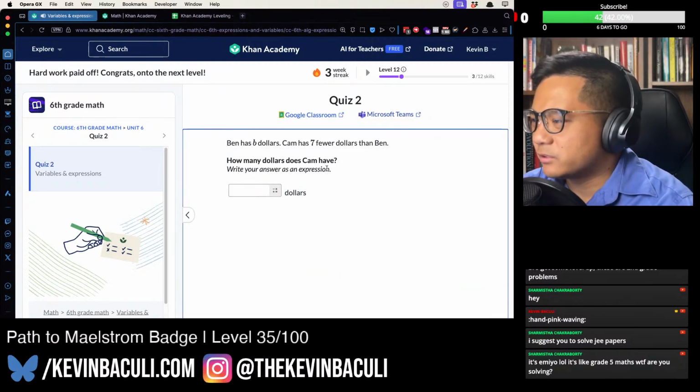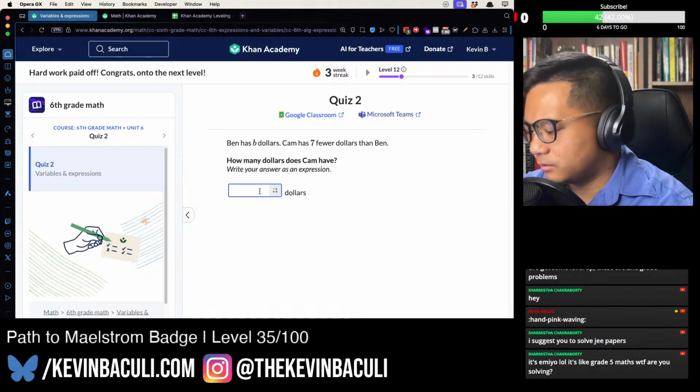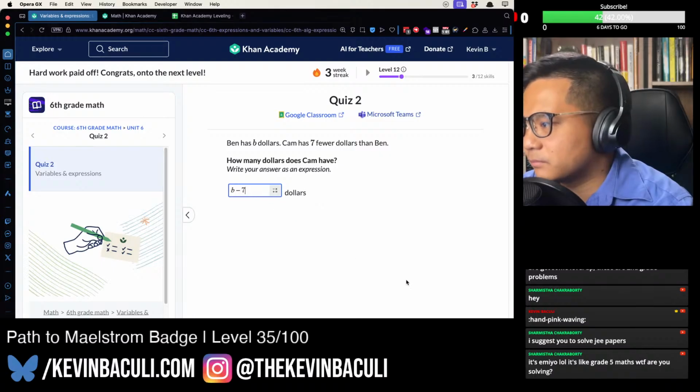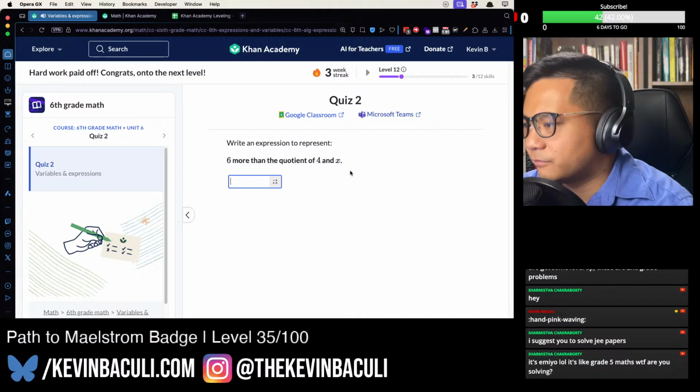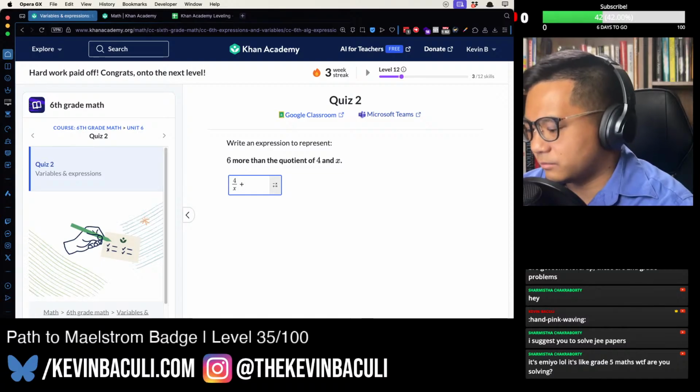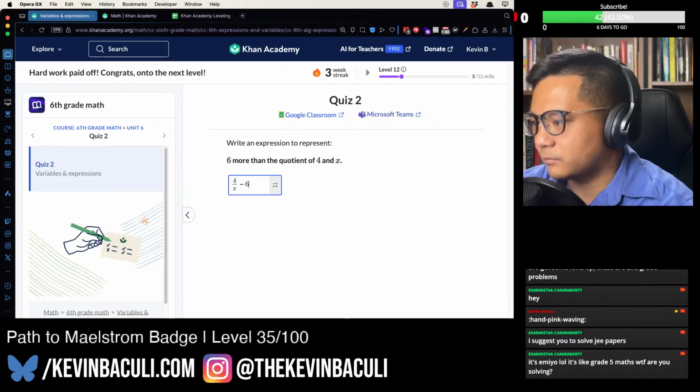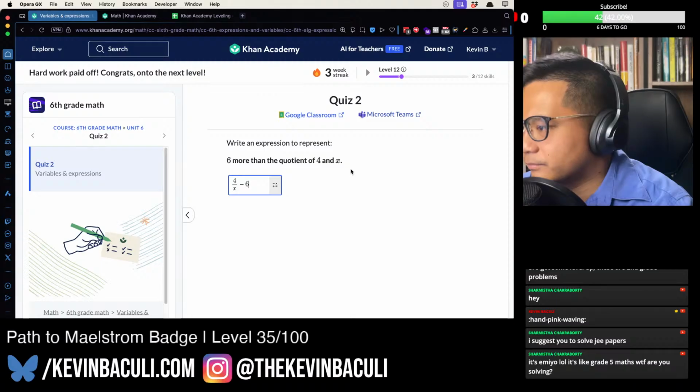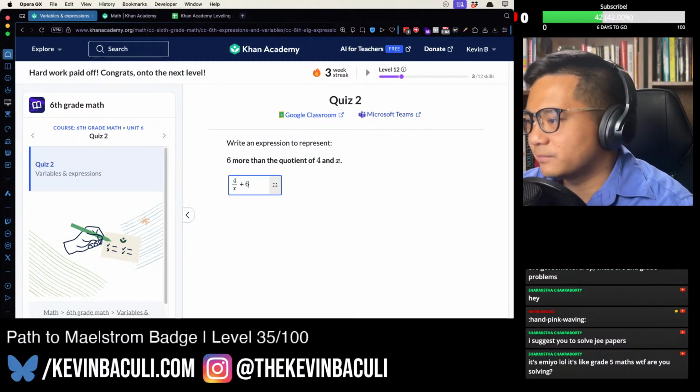Ben has B dollars, Cam has 7 fewer dollars, and Ben B minus 7. Six more than the quotient of 4 and x, so 4 divided by x minus 6. There you go. 6 more than the quotient.